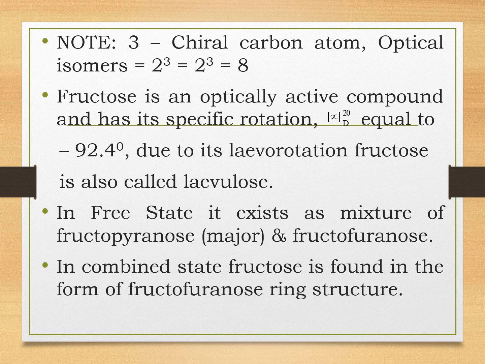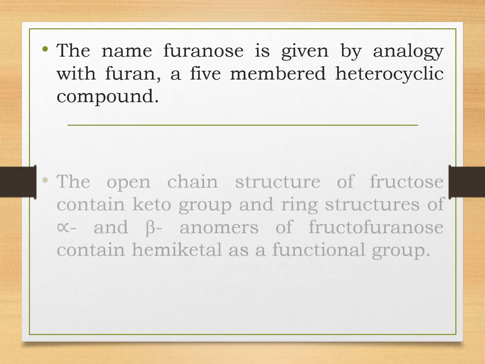Now students, in free state, it exists as a mixture of fructopyranose and fructofuranose. Now why is it called as fructopyranose and fructofuranose? We are going to study about it. And in its combined state, fructose is found in the form of fructofuranose ring structure.